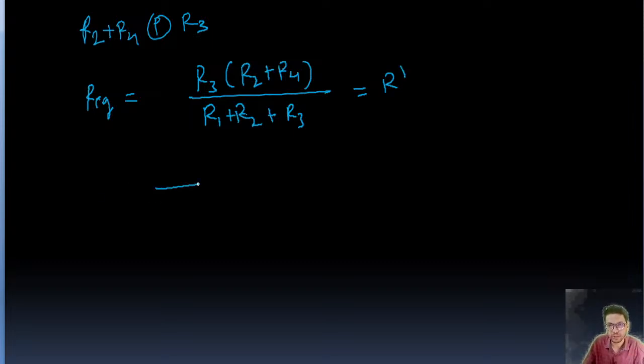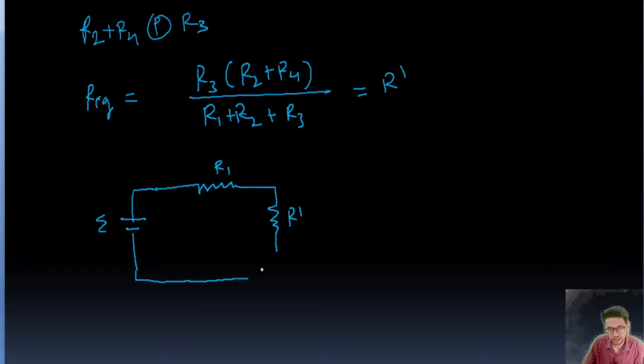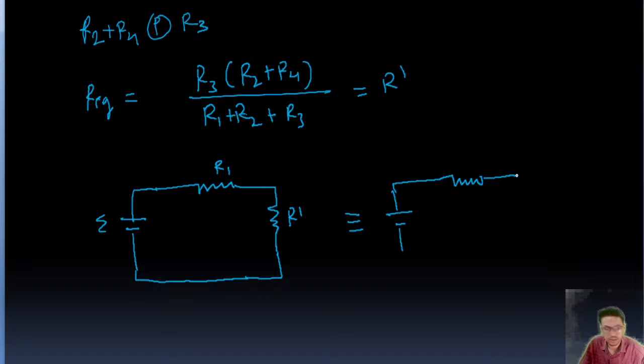Now again we'll make an equivalent circuit. This is R dash, and this is R1, a very simple procedure, guys. Now you can see R1 and R dash are in series, so the equivalent circuit is going to be like this. We have to find the current in the circuit.